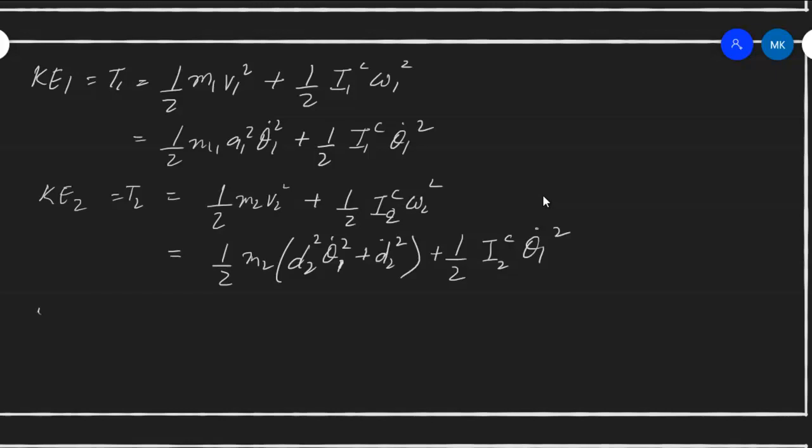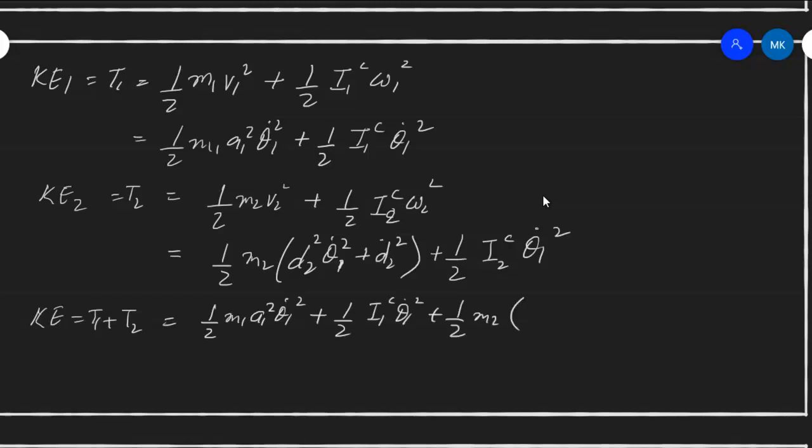So the total kinetic energy, that is KE, equal to T1 plus T2, would be given by summing up these four things. I'll write it again: half m1 a1 square theta 1 dot square plus half I1 C theta 1 dot square plus half m2, which we can take from here, d2 square theta 1 dot square plus d2 dot square, plus half I2 C theta 1 dot square.